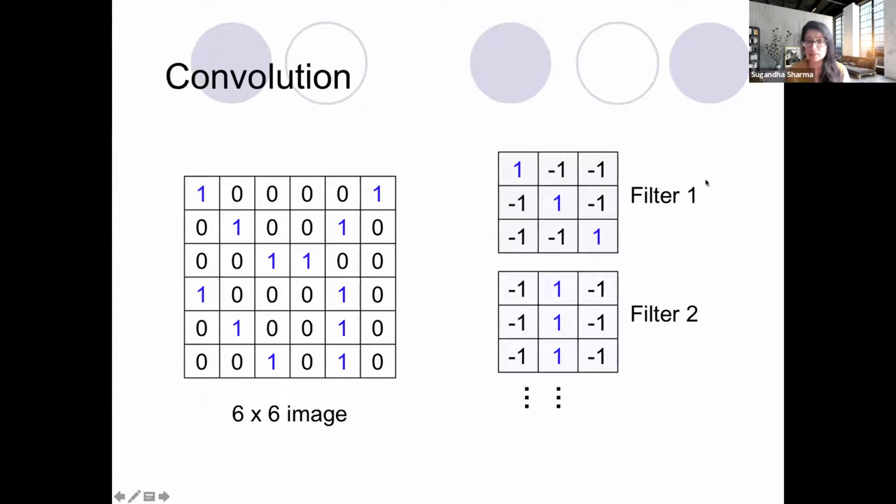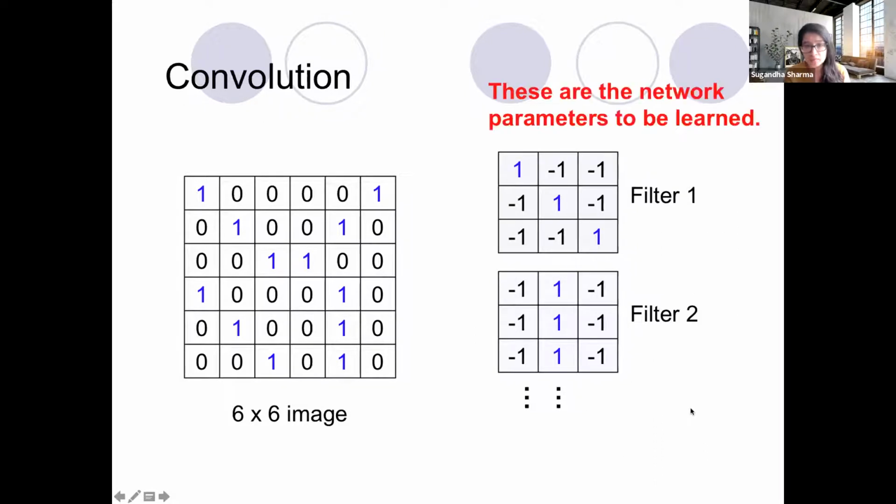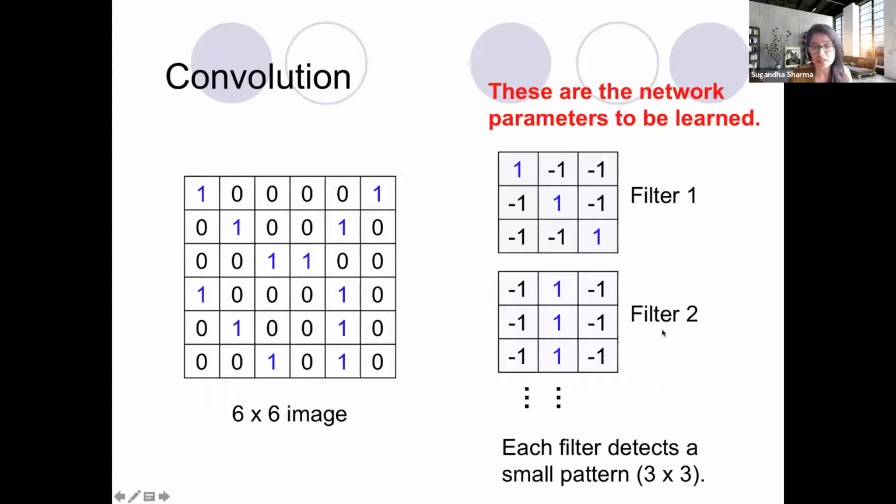And we can consider two different filters given by these two matrices. When I say filters, these are the parameters which we actually want to learn. We initialize them with certain numbers, and then try to learn them through backpropagation.